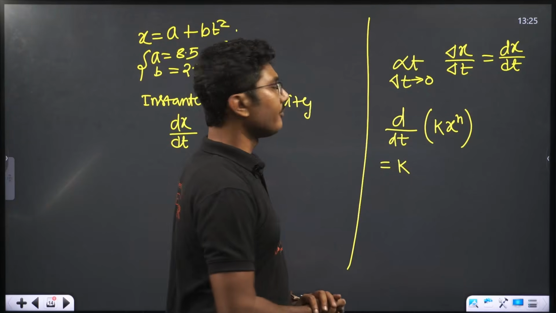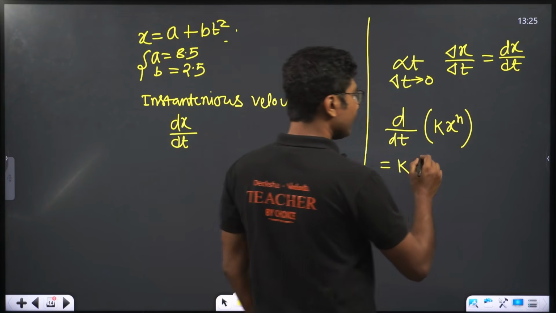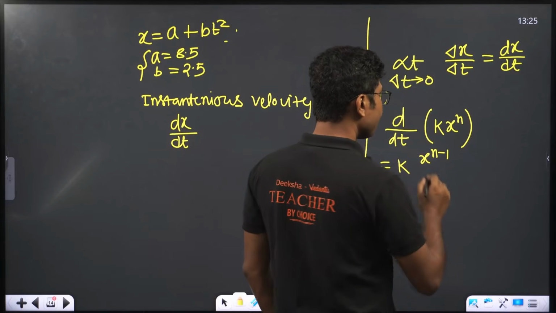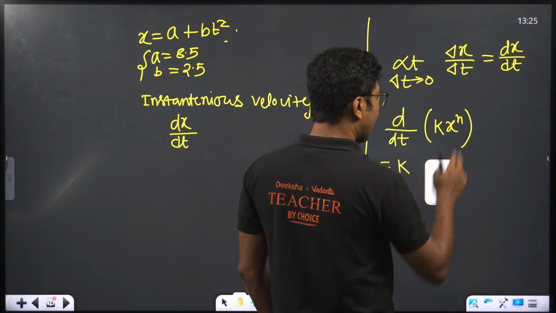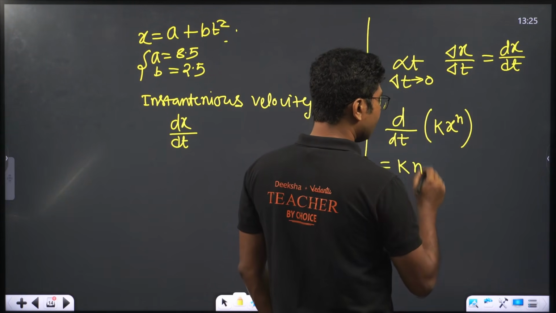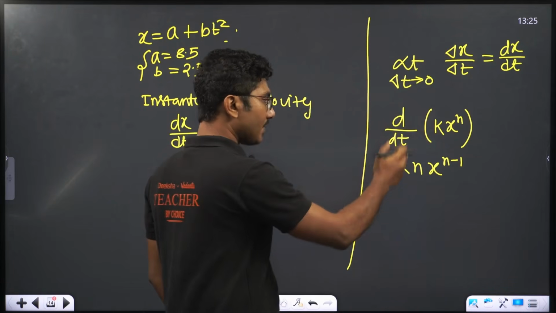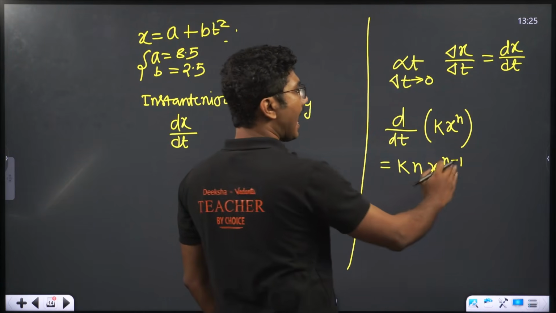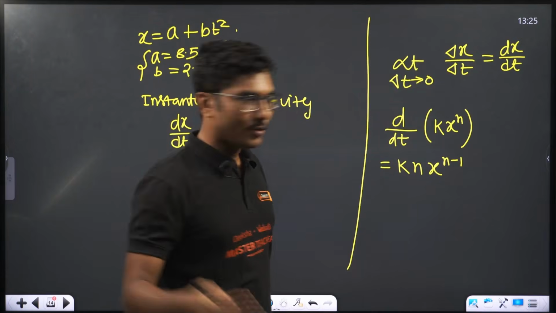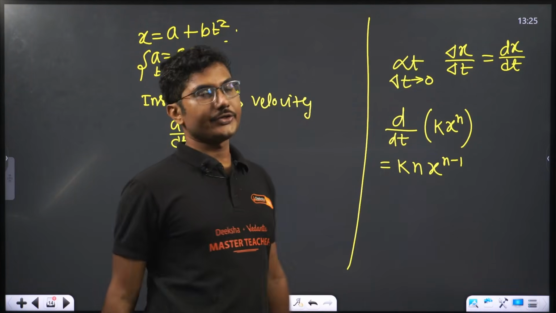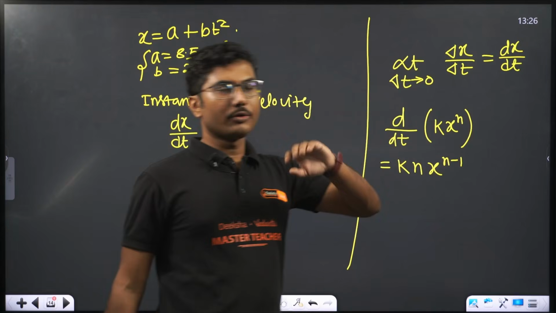When you differentiate, x to the power n becomes n times x to the power n minus 1. This n comes down as a multiplier, and because we have taken out one n, the power will be reduced by 1. This is the most common differentiation that you are going to use in your physics classes.